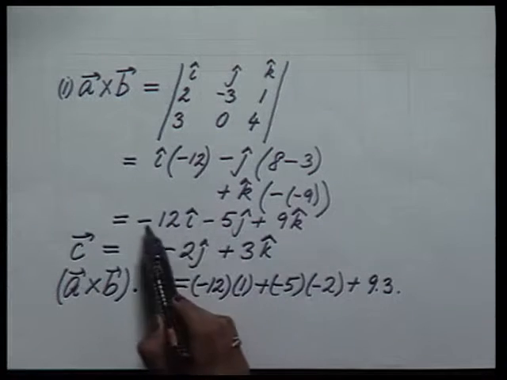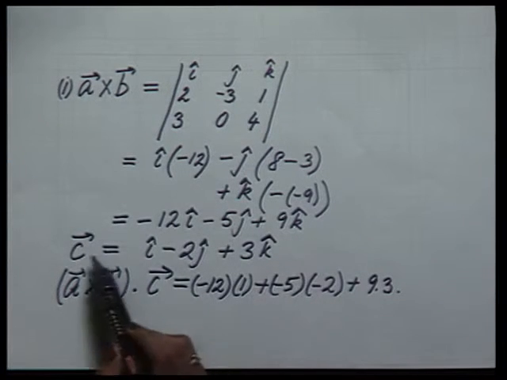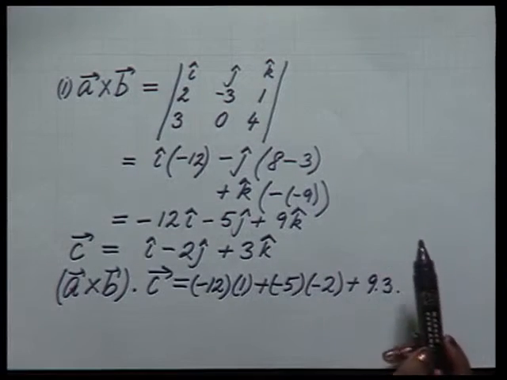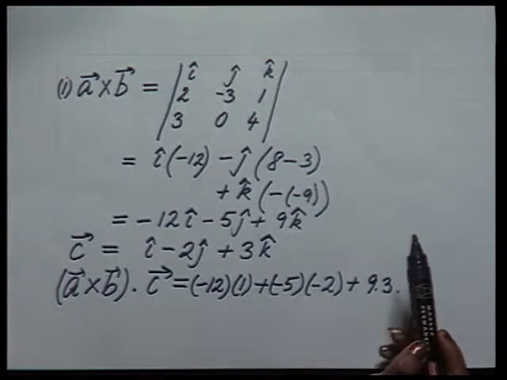Similarly, A cross B cross C will be obtained by taking the cross product of this vector A cross B with the vector C, once again using the determinant for the component rule of cross product.